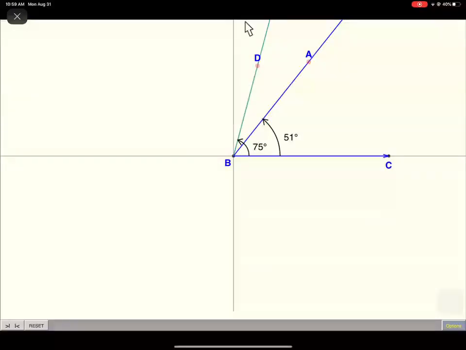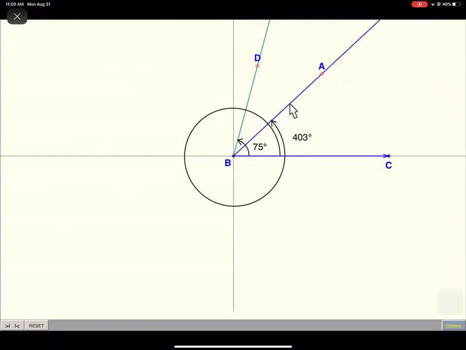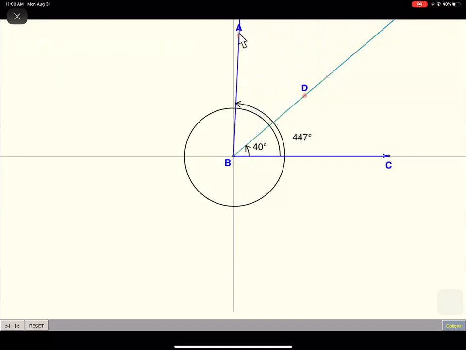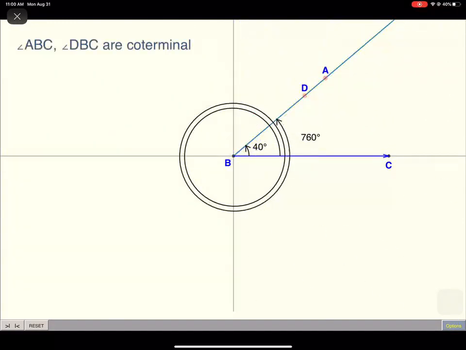Just to illustrate this point, let's take the angle A. I can spin this around. Let's say we're at 400 degrees. Now, D is 40 degrees, and we can see both are coterminal points. If I take A again and I keep going, we're back at coterminal points.